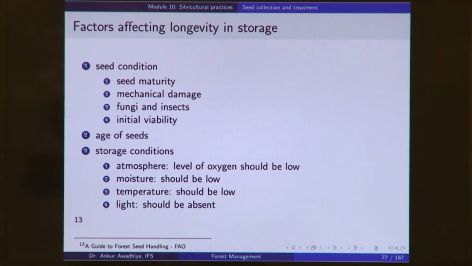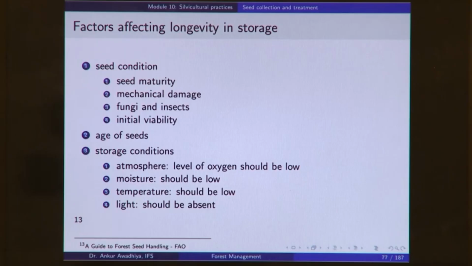How much was the initial viability? If you started with a high initial viability, then you will end up with a substantially large viability. But if your seeds themselves were having very low viability to begin with, then during storage the viability will go down further, and finally you will be having seeds which are non viable.